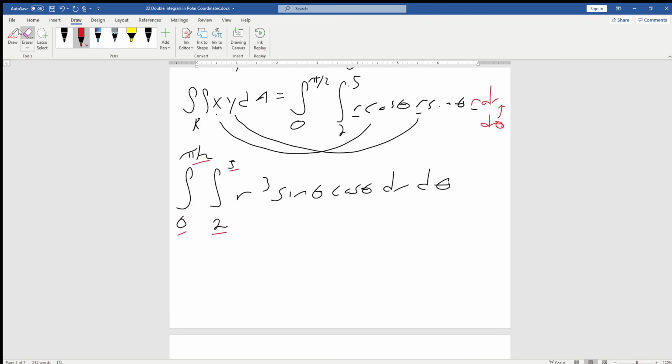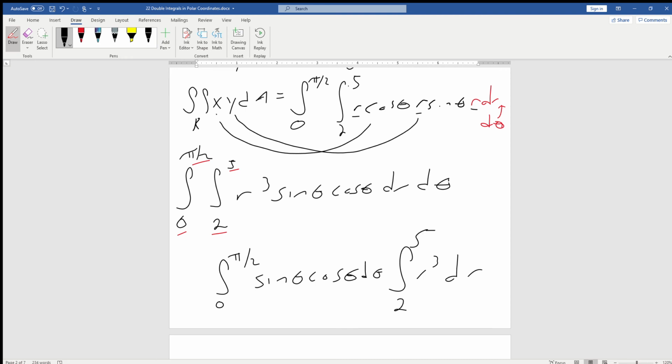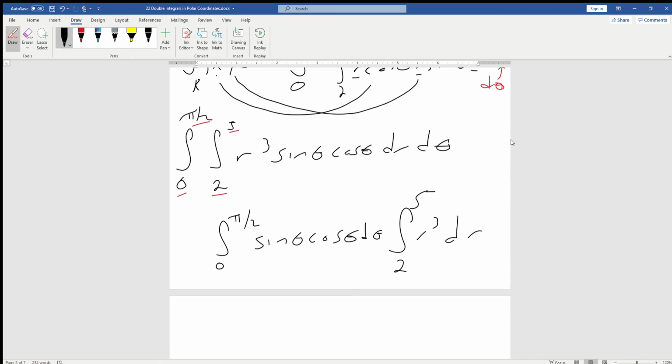I'm going to separate this, although you don't have to, but it might be helpful. I'm going to separate this into the integral from 0 to pi halves of sine theta cos theta d theta, times the integral of r cubed dr, from 2 to 5. Again, we can only do this if we have constants for all 4 of the bounds. If any of the bounds are variables, we have to utilize the technique that we used in the previous section.